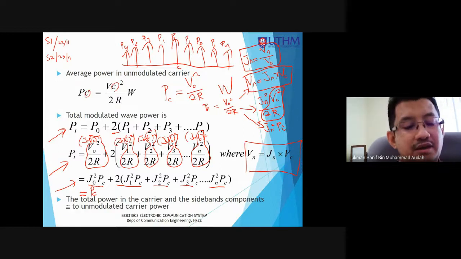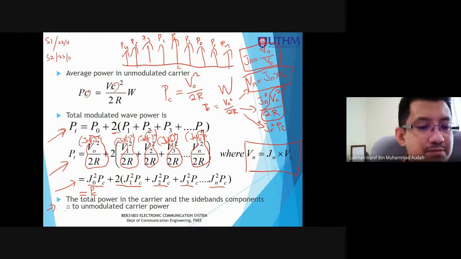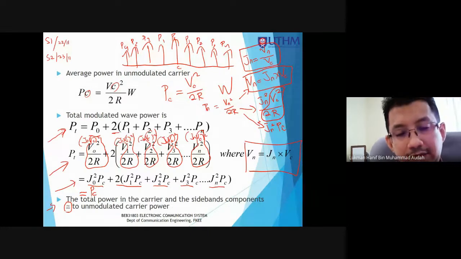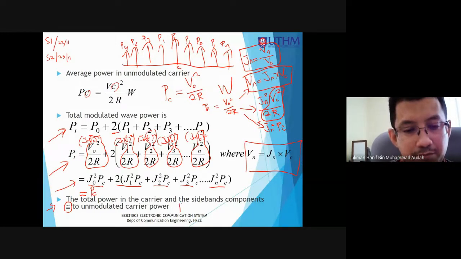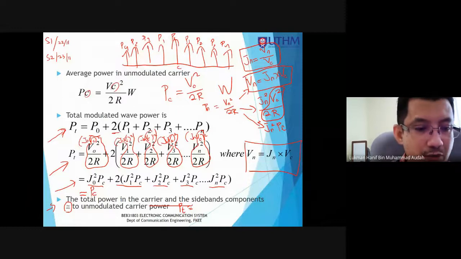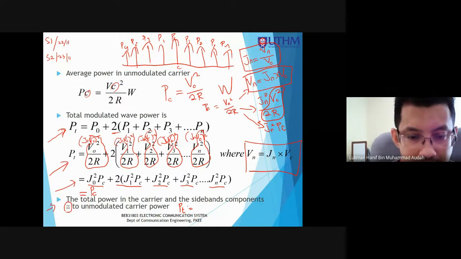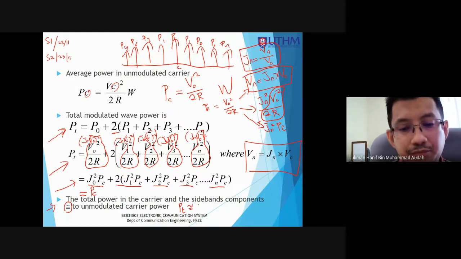Okay. And if you see from this statement, kalau dilihat dari statement ini, the total power in the carrier and the sidebands components is approximately equal to unmodulated carrier power. So dalam statement ini, dia katakan seperti ini, P total is approximately equal to PC.